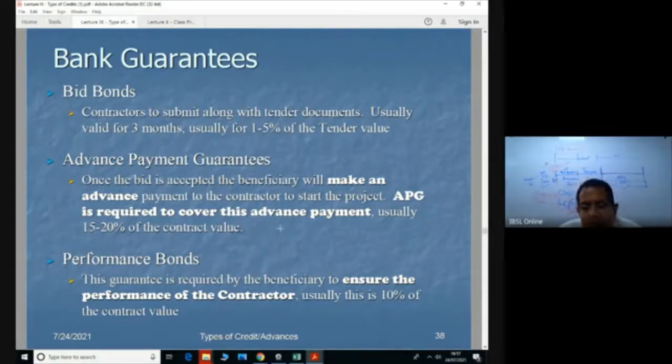Normally, performance guarantee will be converted to a maintenance guarantee. Those are the types of guarantees we have under bank guarantees, on top of the trading bank guarantee, which we normally do, where the issuer guarantees: you give credit to this customer, we pay. These are construction guarantees, bid guarantees, advance payment, performance bond, maintenance bonds, and retention bond.